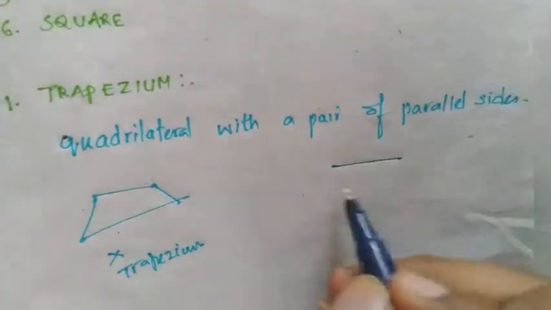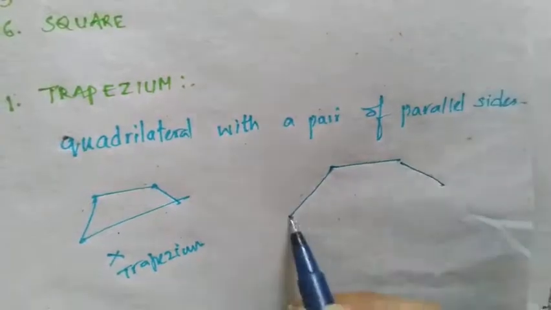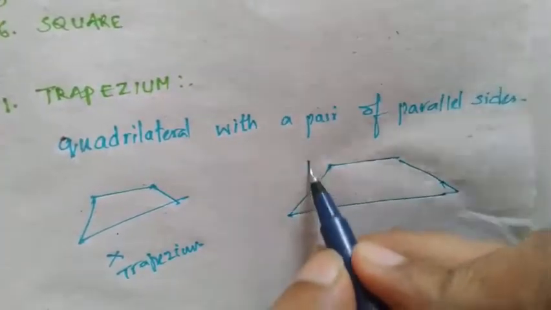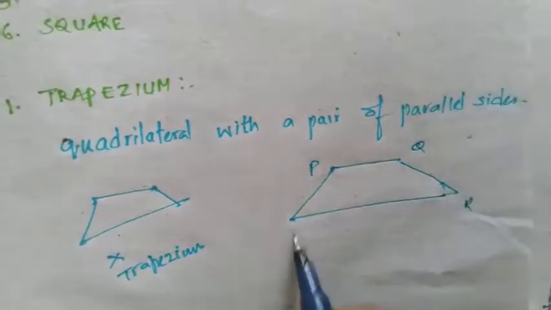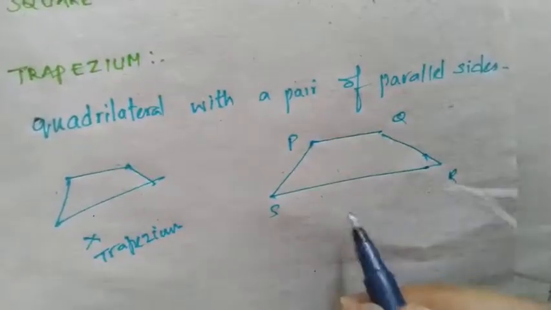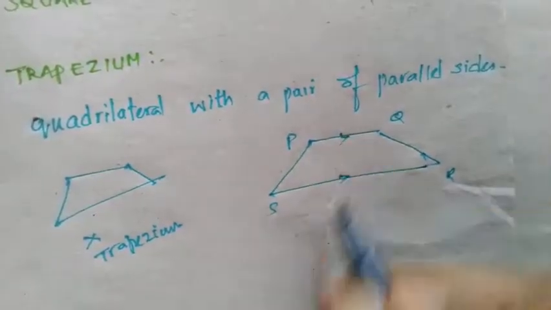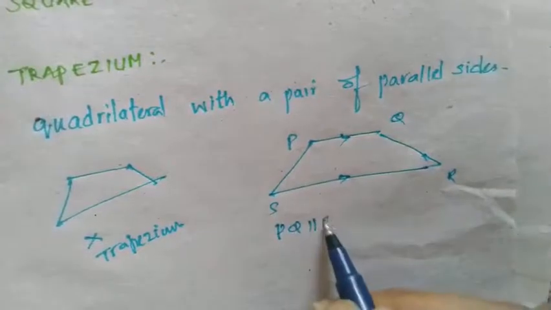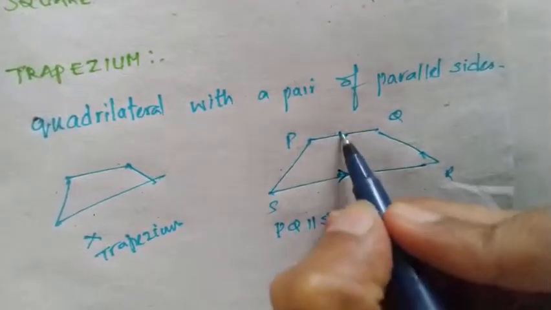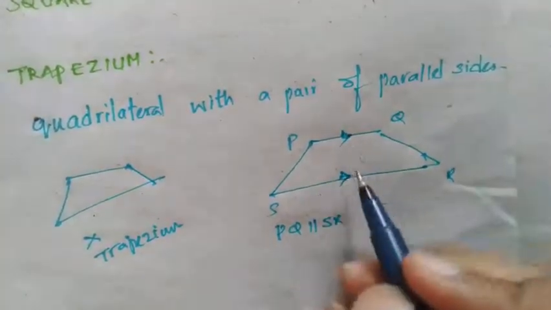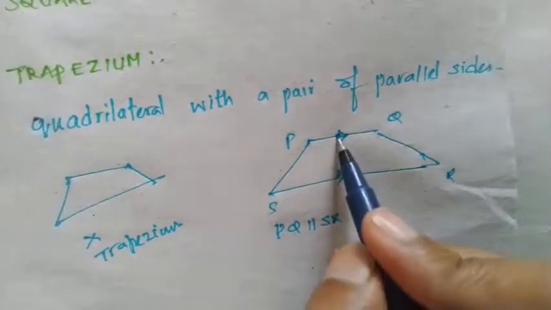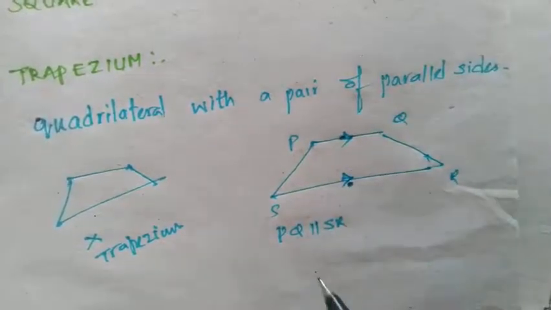Whereas if you take another quadrilateral, PQRS, here PQ is parallel to SR, which is denoted by arrows. When you draw arrows like this, it means this side is parallel to this side.